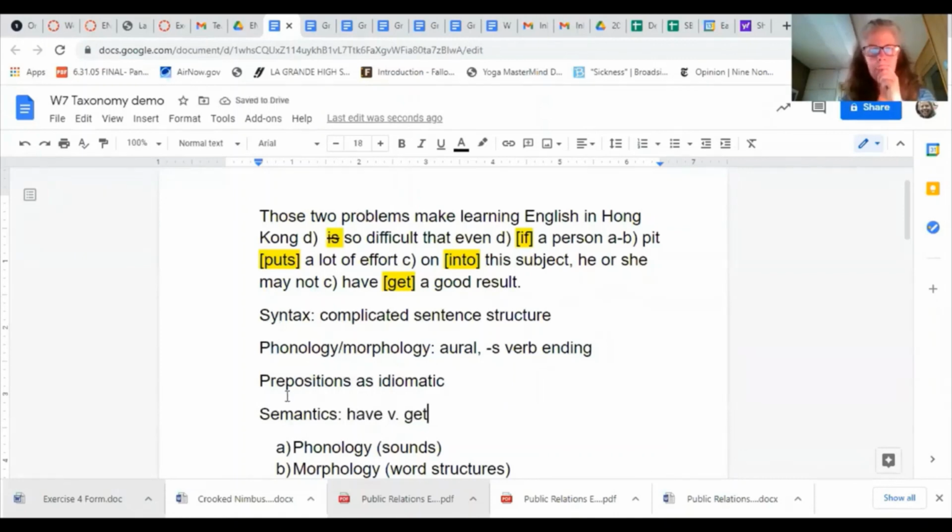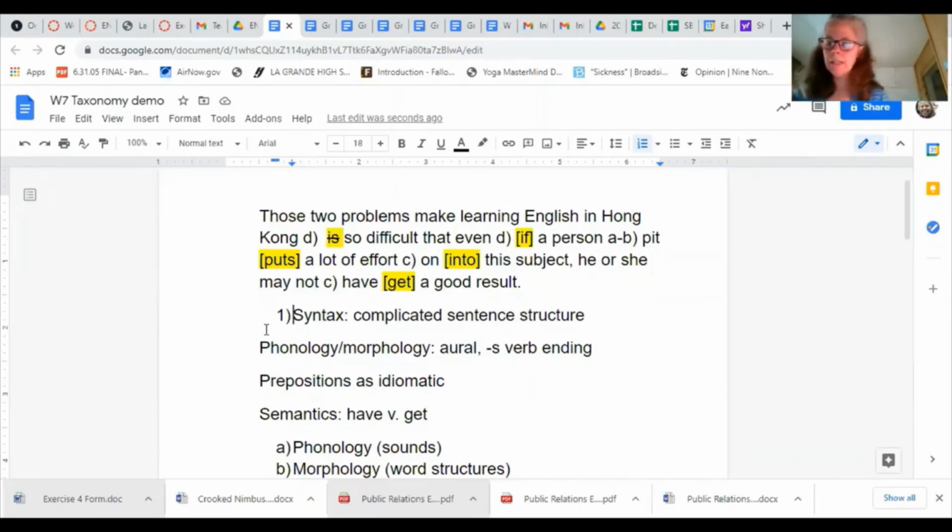And I'm going to think about priority-wise. I want to say that the syntax issues for me are the most important because they're affecting the meaning of the sentence so much. Like a reader encountering that sentence might not know what the writer is saying without dealing with the syntax issues.